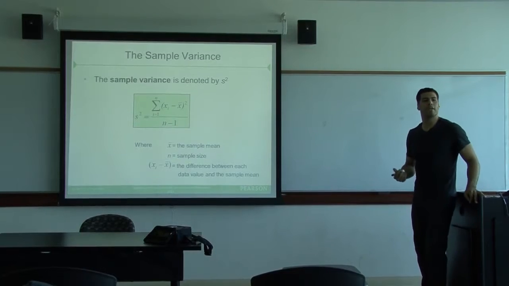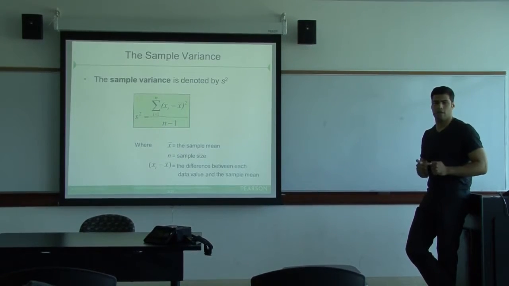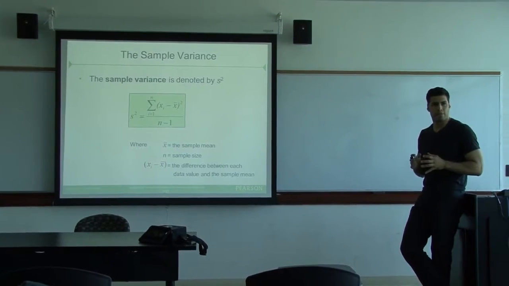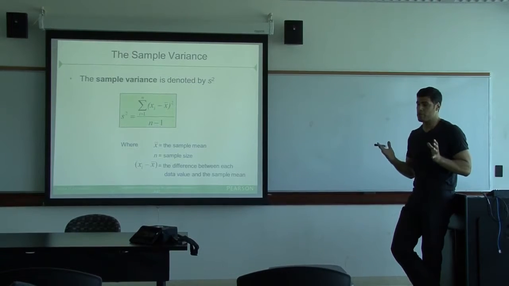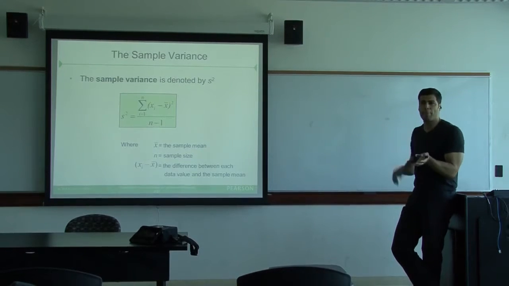So I would say this is our first big formula of the course. This is when things start getting a little challenging. That's what I get from the feedback that I get from teaching this course. So do you see why I put emphasis on the notation before, right?